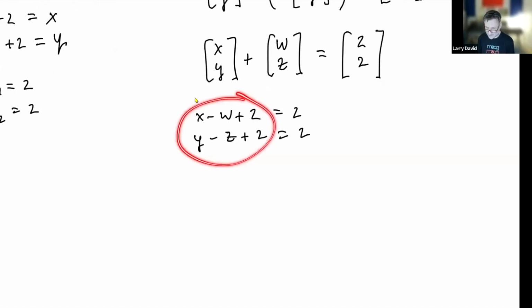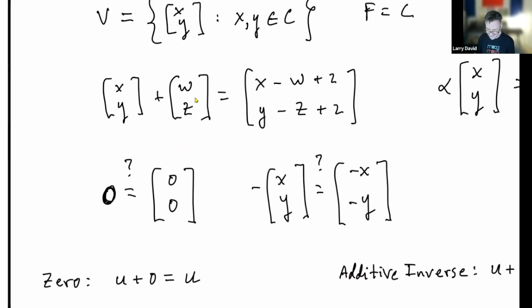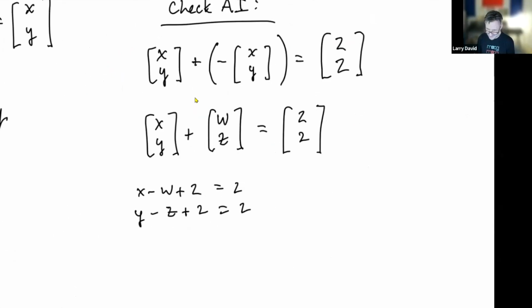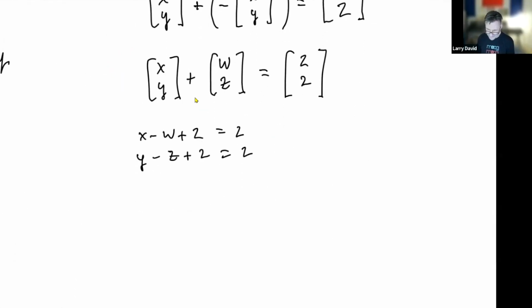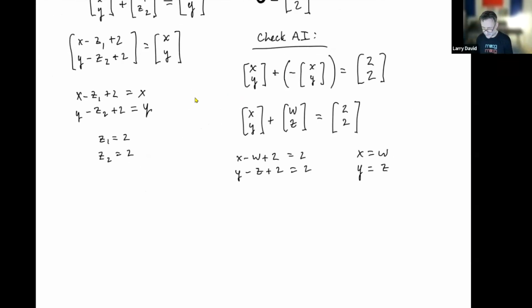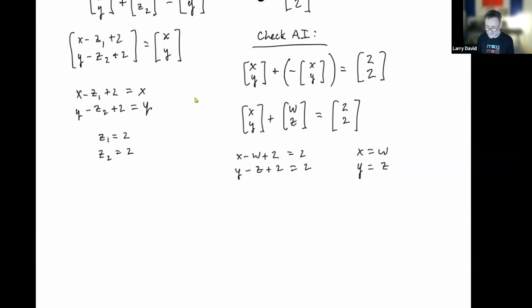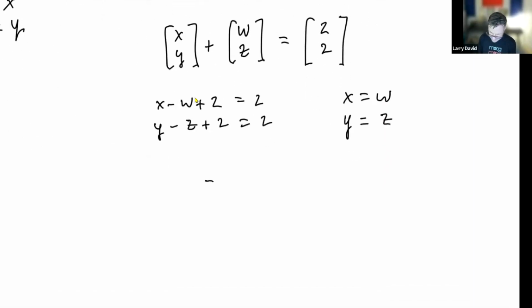Okay, so we've done this once before, so we can do it maybe a little quicker. So here's using the definition of addition from up here. Okay, and now we get a system of equations. We can subtract 2 from both sides. We get this result where W is just the same as X and Z is the same as Y. In other words, the additive inverse of every vector is itself.